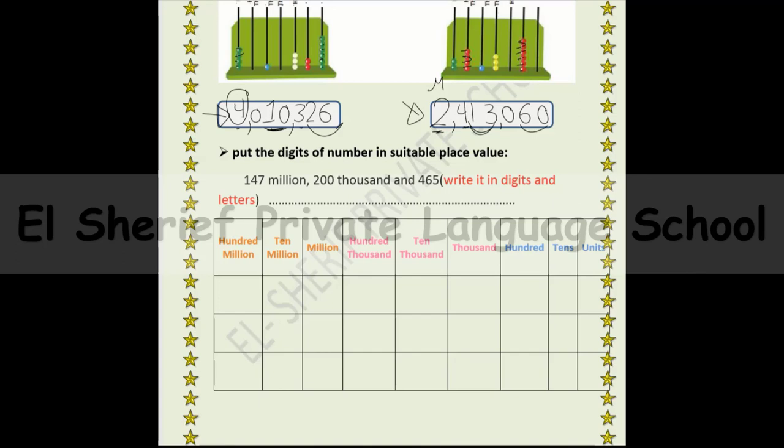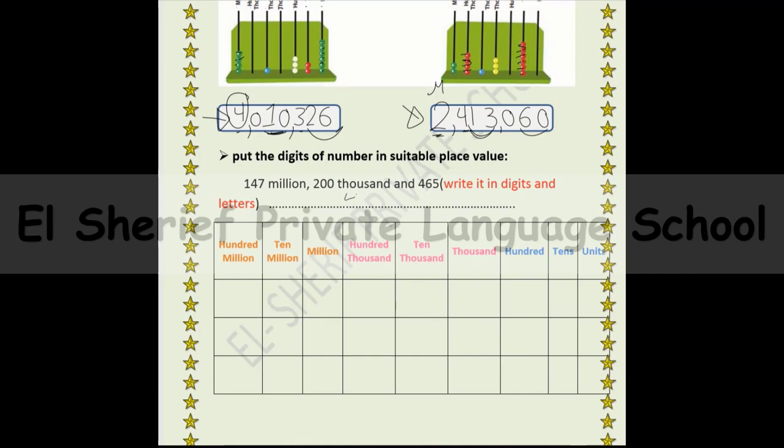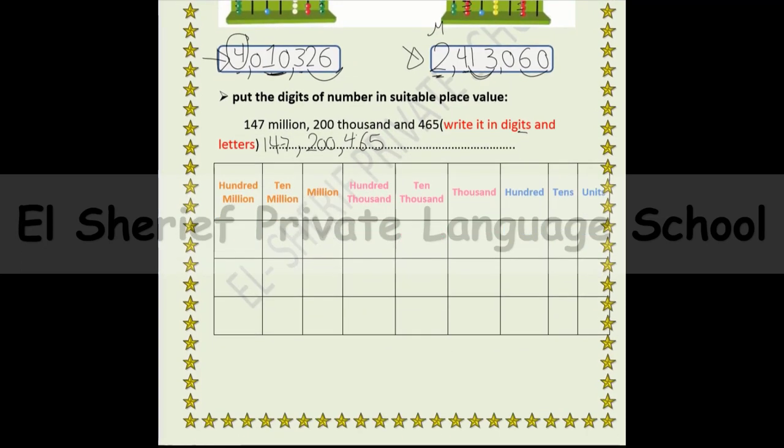The next exercise, put the digits of the number in suitable place values. We have 147,200,465. So we have 465 and 200 in family of thousand, and in family of million we have 147. This is in digits, and in letters we can write it here.